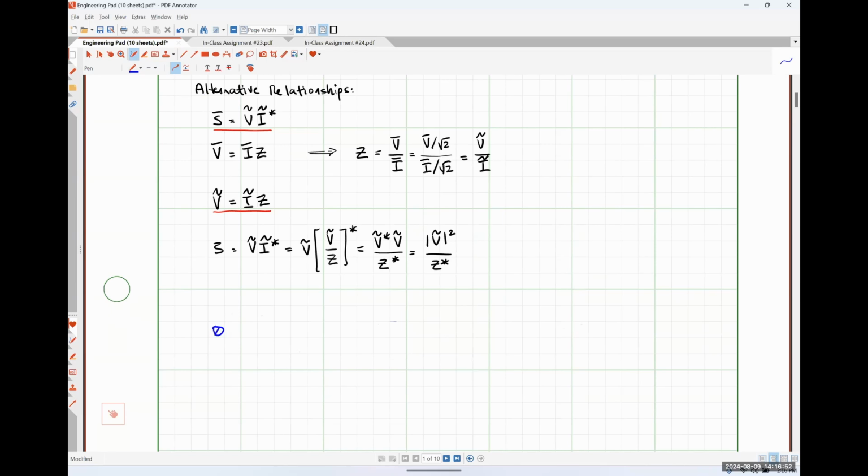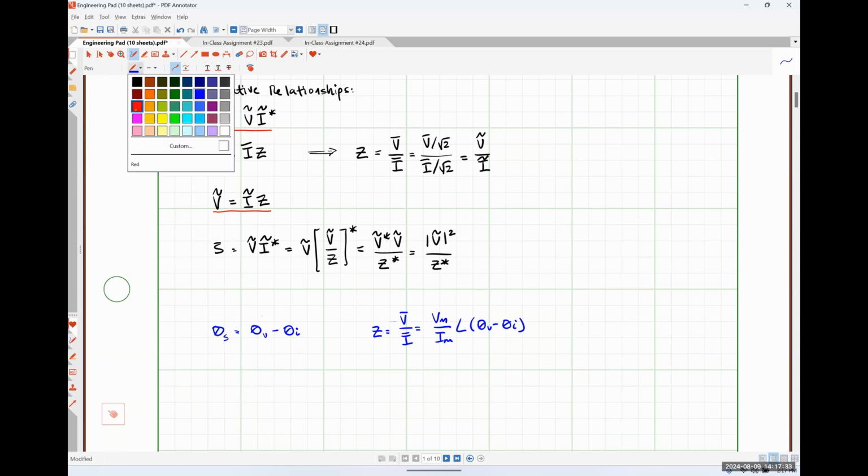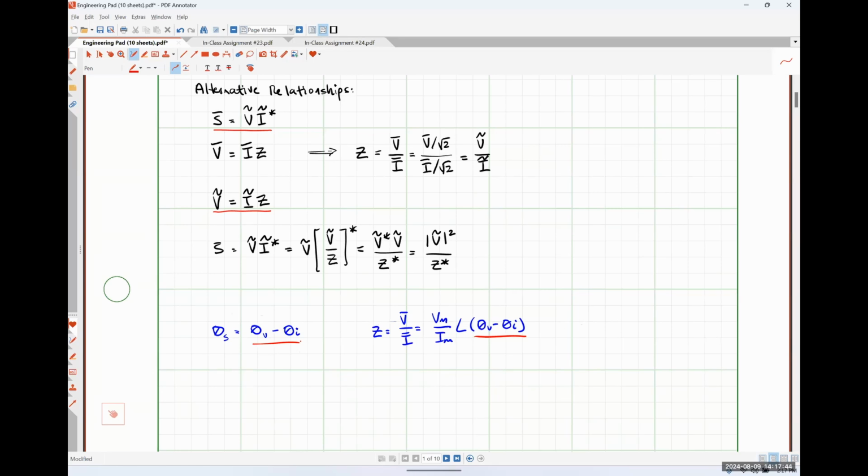Our power factor angle, theta S, was defined as theta V minus theta I. Well, our impedance, Z, is our phasor voltage divided by our phasor current, which comes out to be Vm over Im with an angle of theta V minus theta I. So the angle of the impedance is the same thing as the power factor angle, which is why if we know the impedance, we only need to know the magnitude of the voltage.